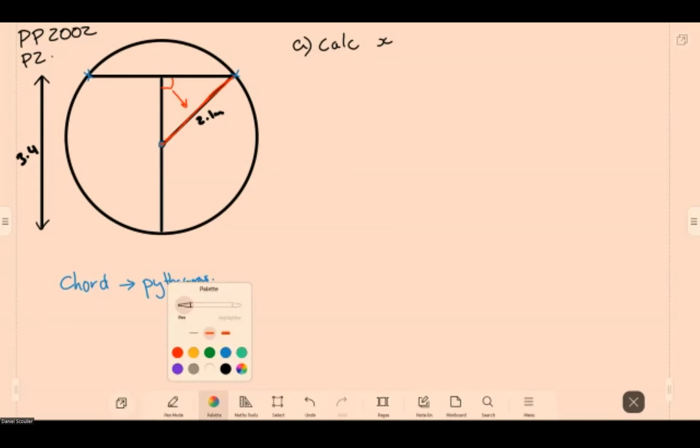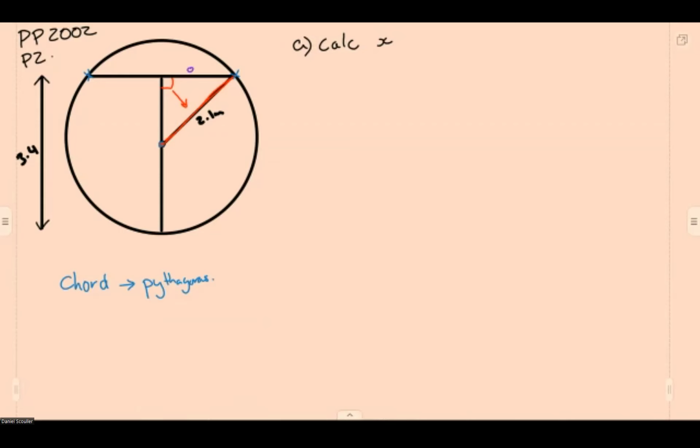We can work out half of the chord length, and call this whatever you want. What are we working out? Oil or something? Call it O. Now that side goes from there to there. That's what we're trying to work out. Then we're going to double it for that full length of the chord.